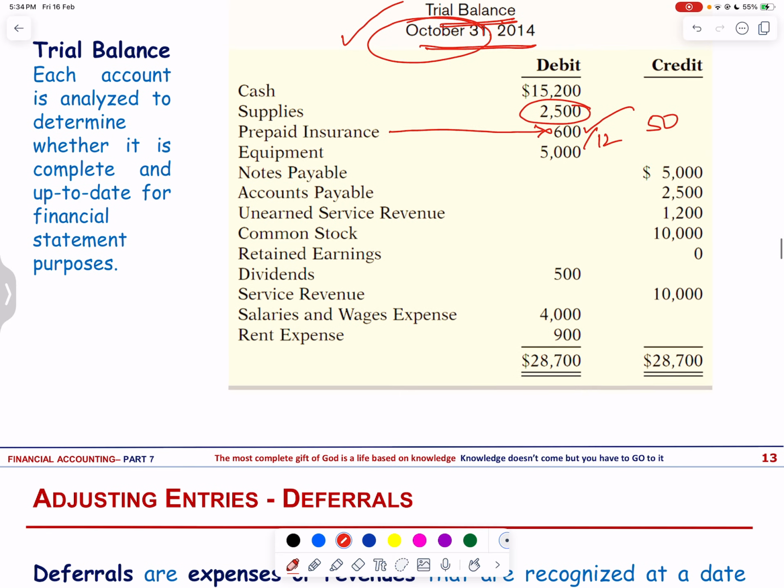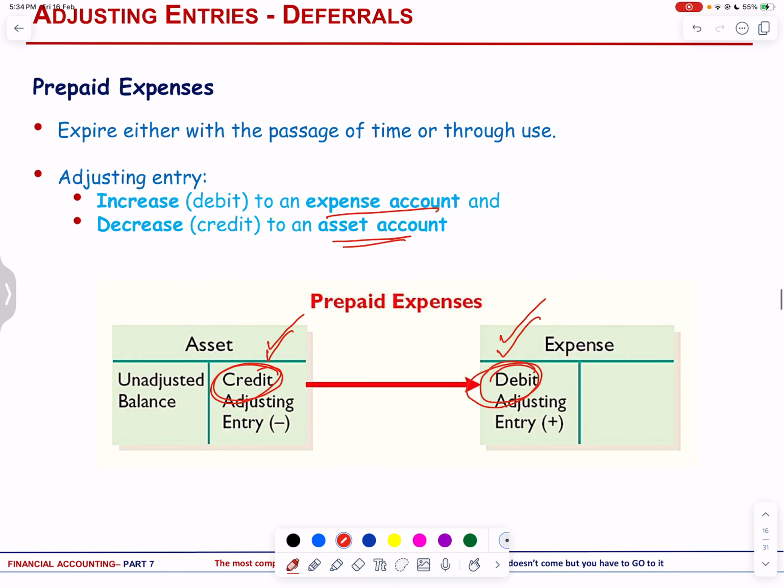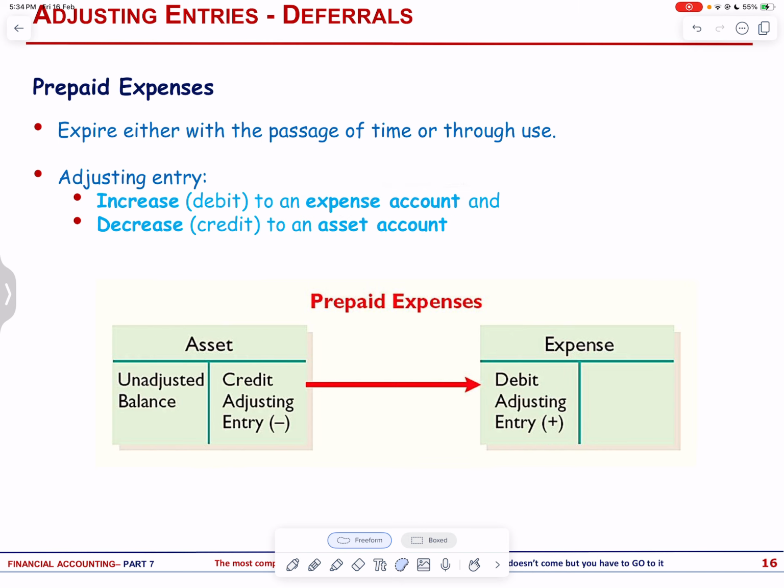The insurance expense is going to be debited, and then the prepaid insurance is going to be credited to make the adjustment.